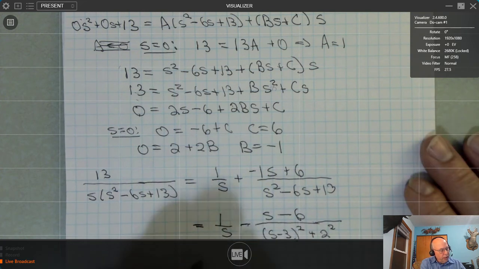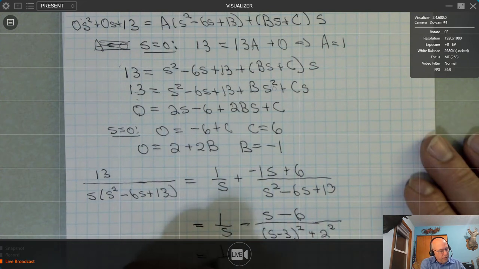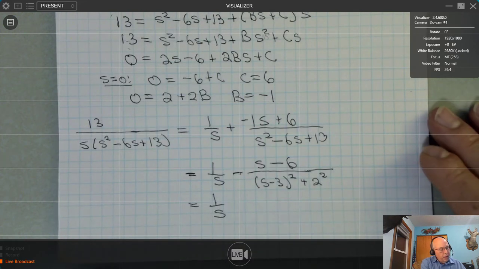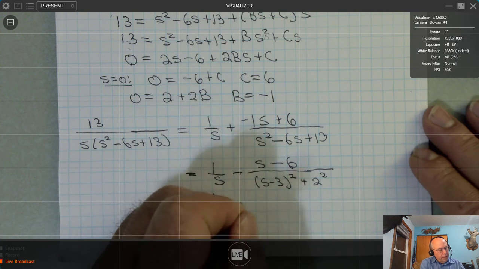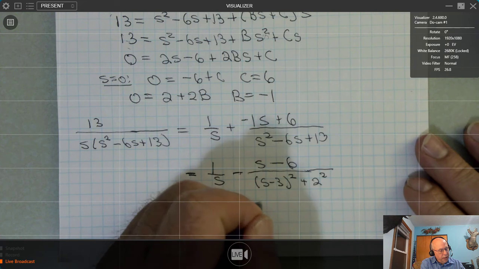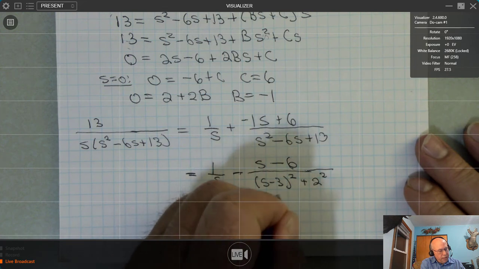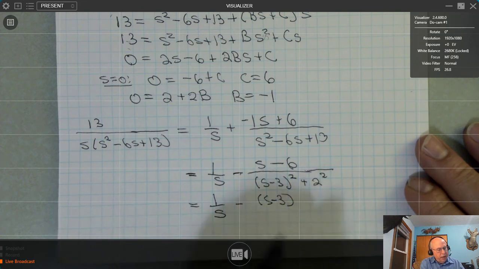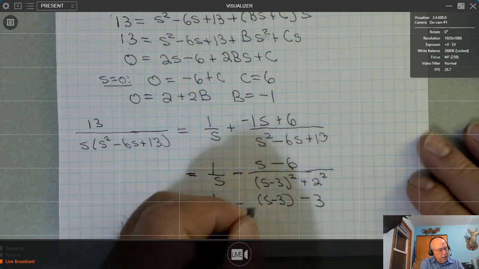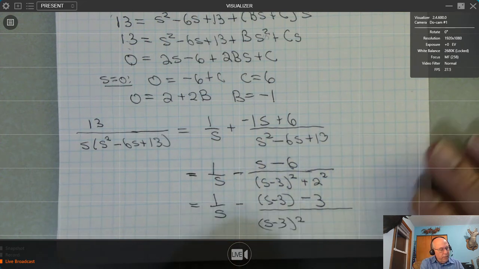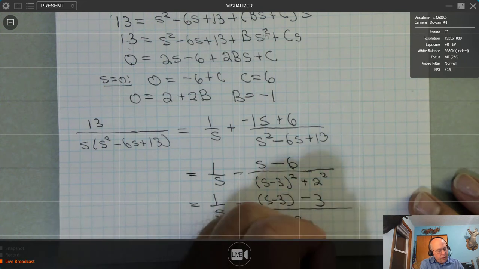And we're almost there. 1 over s minus, now that I would like to have as s minus 3. Well, it's s minus 6, right? So s minus 3 minus 3 over s minus 3 squared plus 2 squared, or 4.